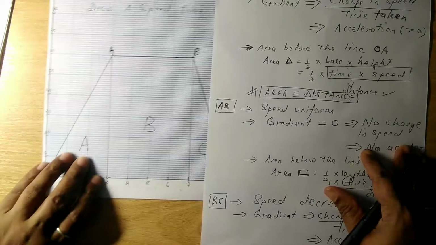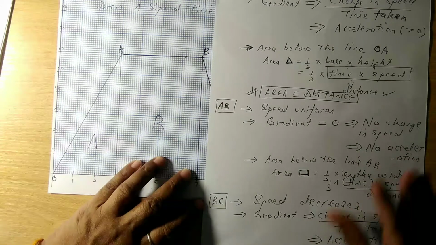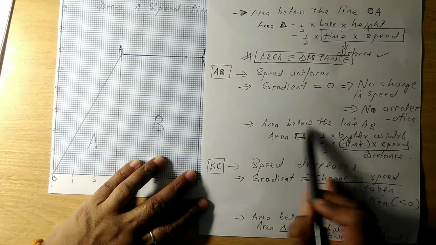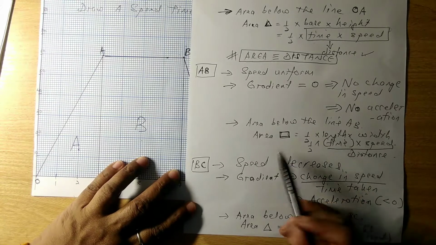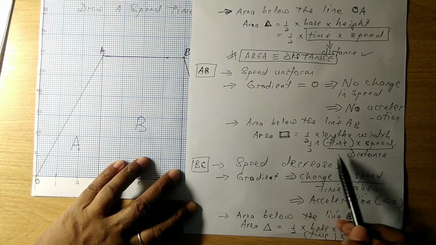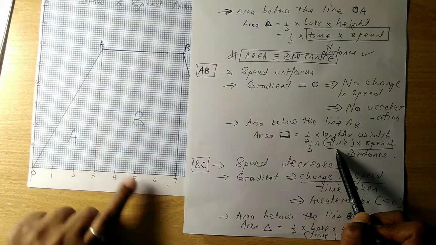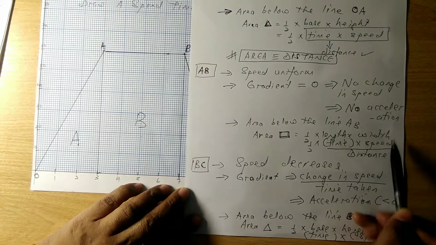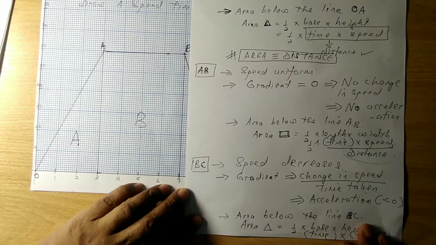Likewise from A to B, it is a rectangle. So the area below the line AB is the area of a rectangle, length times breadth. Length here is your time and speed is your breadth. So this again denotes the distance.